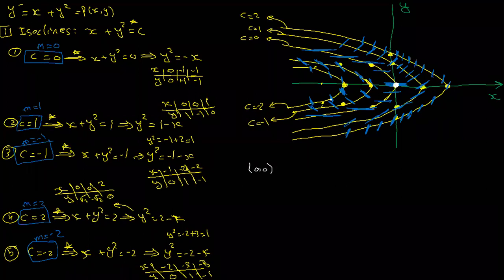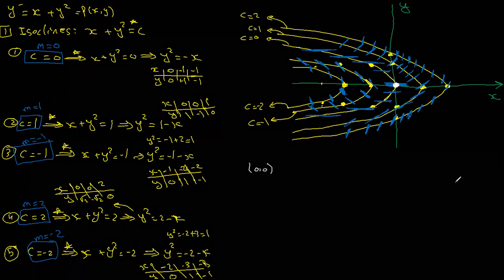Now, let me ask you a question. If you have a point here, look at the blue line here. This line segment, I'm going to draw it here. The white point is one point of my solution. And the blue line segment is the tangent of my solution at this point.